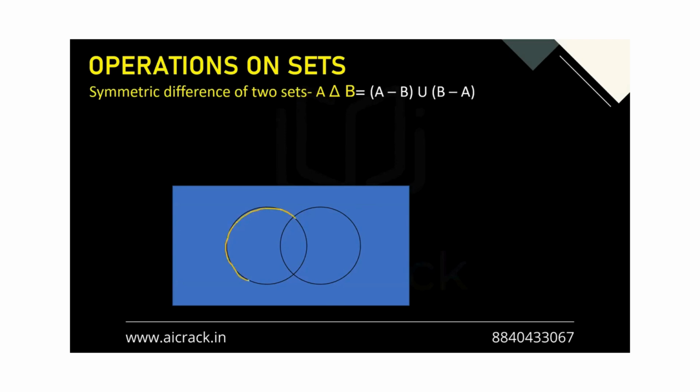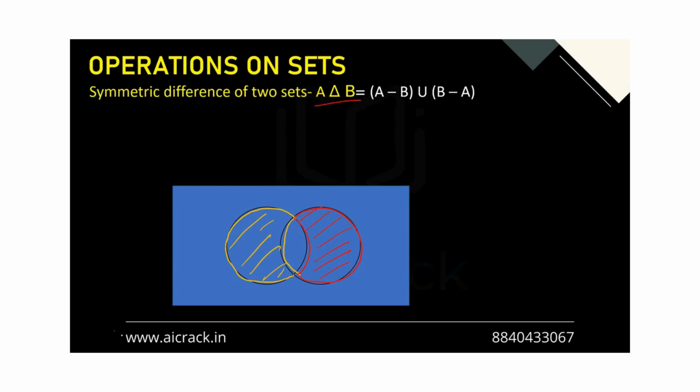We saw that A minus B was this one, and B minus A is this one. So the union of both of them, including all the elements of this one and this one, gives us the symmetric difference, that is A delta B.